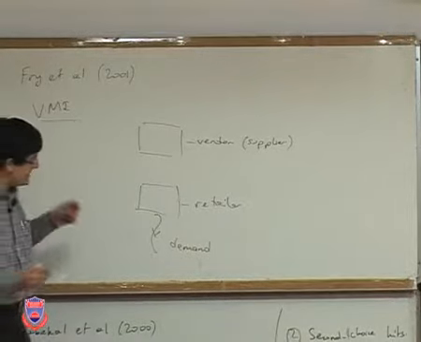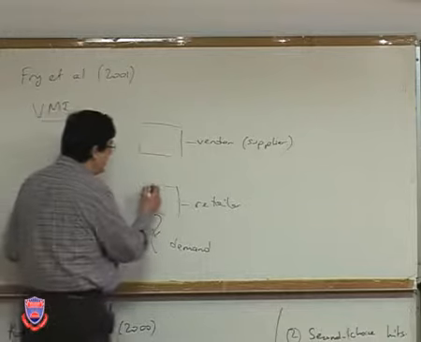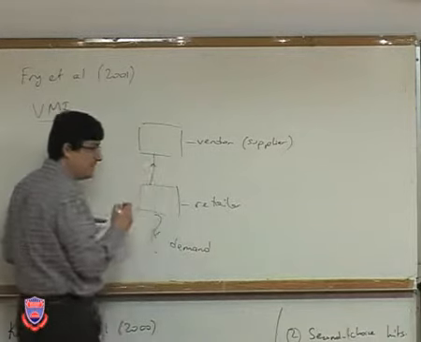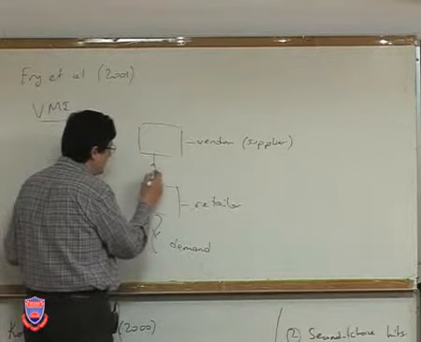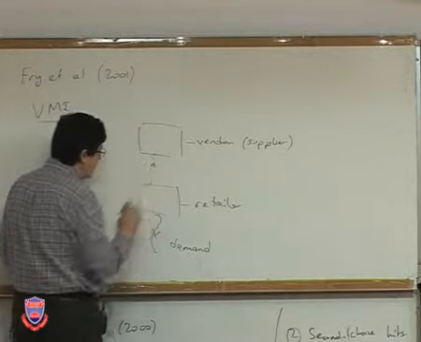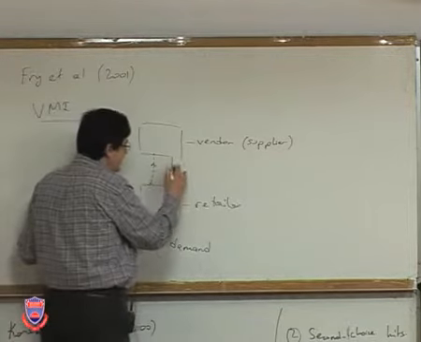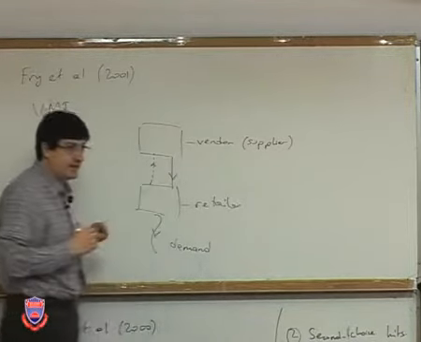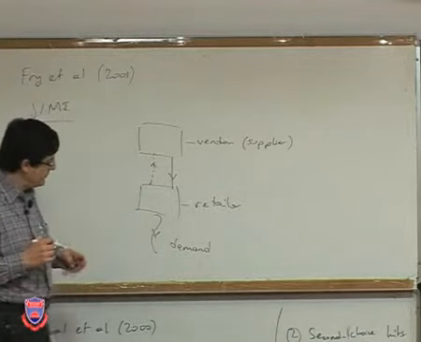And what happens is that the usual way of operations is the retailer orders the vendor, so gives an order. This is sort of an information. So let me show this as the information flow, gives an order, and the vendor actually supplies the retailer. So this is the physical flow: information flow, physical flow.